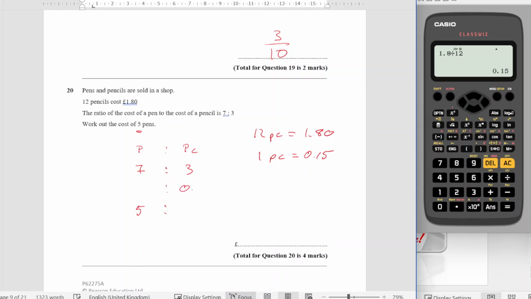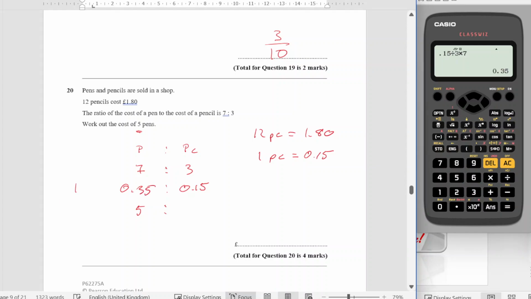So if we've got 0.15 here, I'm going to do 0.15 divided by 3 times by 7, which gives 0.35.